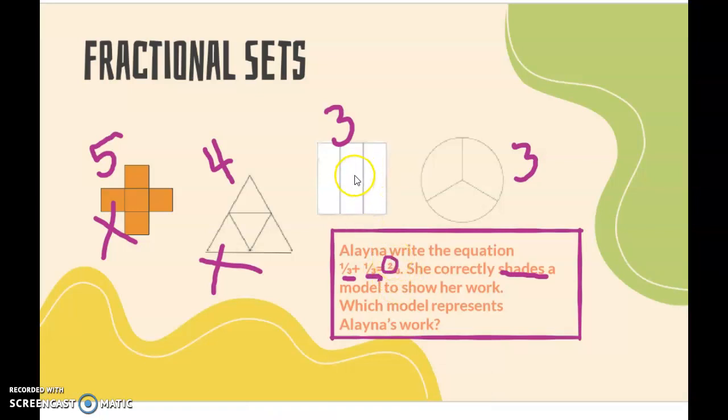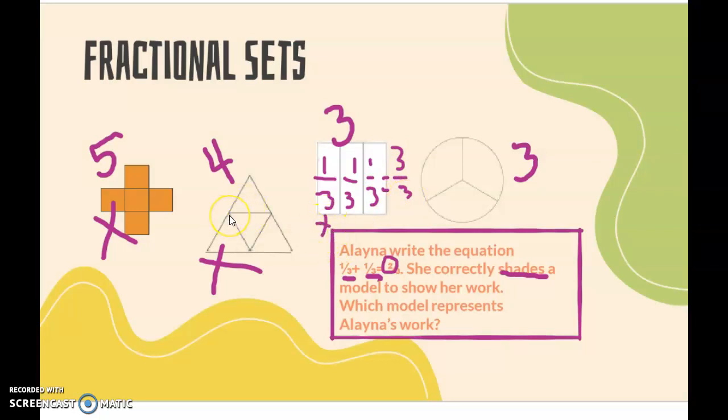If we look at this model here that has 3 equal parts, all of the parts are shaded. So we have 1/3 plus 1/3 plus 1/3, which is equal to 1 whole, 3/3, which is equal to 1. So I'm going to eliminate this as my answer choice.